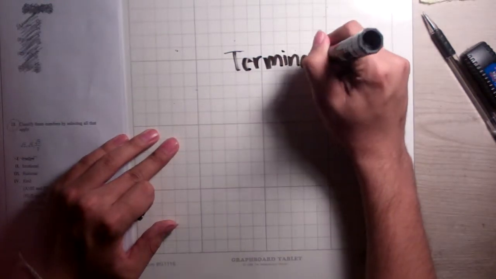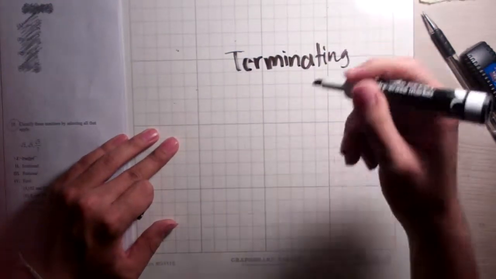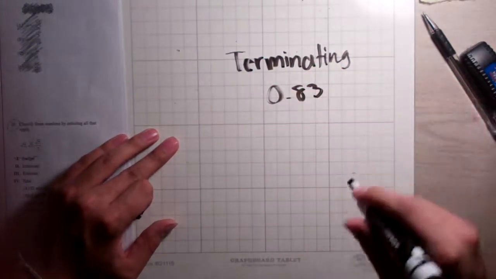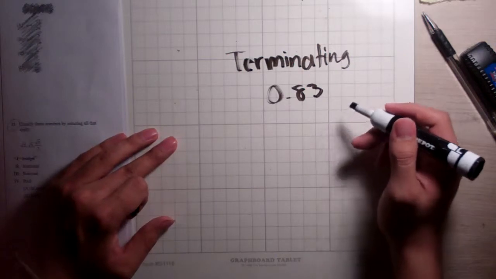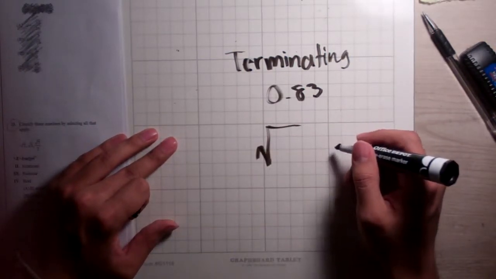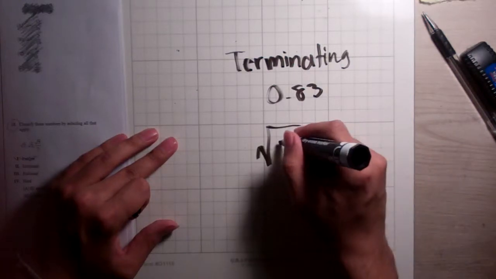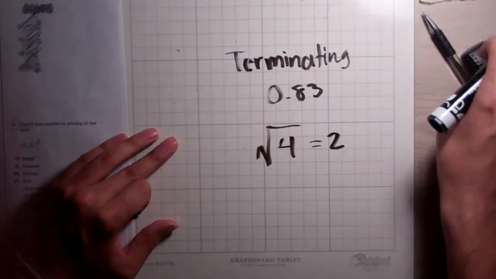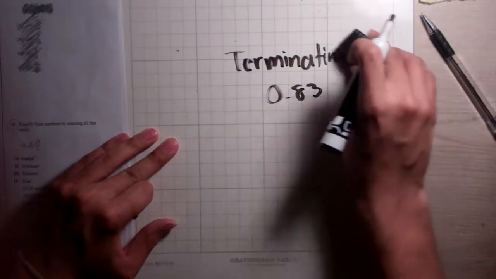All that means is that it stops. So we could have something like 0.83, 83 hundredths. That terminates, so that would be rational. Square roots that simplify, like the square root of 4, which is 2, are rational too. Rational numbers can also be expressed as fractions.